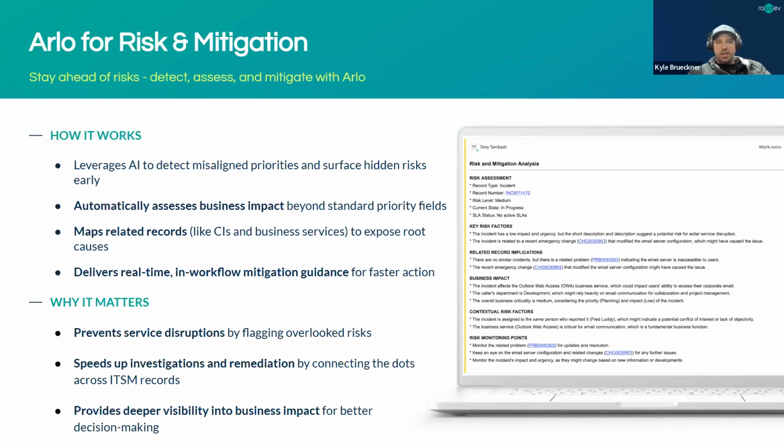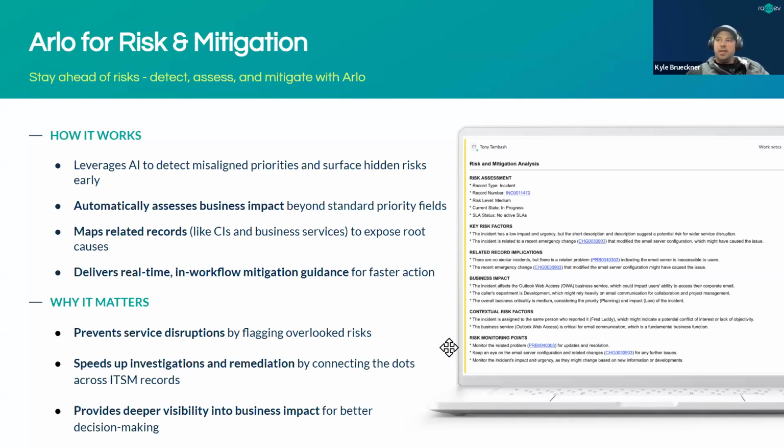where, based on the context of the record itself, the incident, the change, the vulnerability, as well as records that it's related to, like a configuration item or maybe a business service that might be a couple hops away, it can analyze based on that context and provide information that you see here on the right: key risk factors, related record implications, the potential business impact, if that data is clean and maintained in a CMDB.